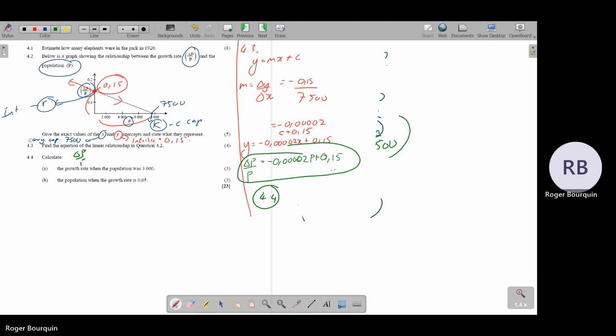The P is equal to 3,000. So therefore, delta P over P is equal to negative 0.0002 times 3,000 plus 0.15. I'll tell you the answer, don't worry about your calculator, and you should get 0.09.